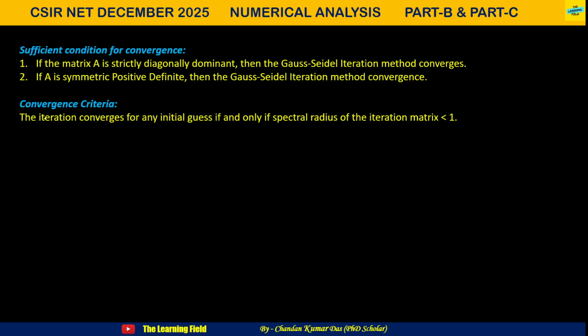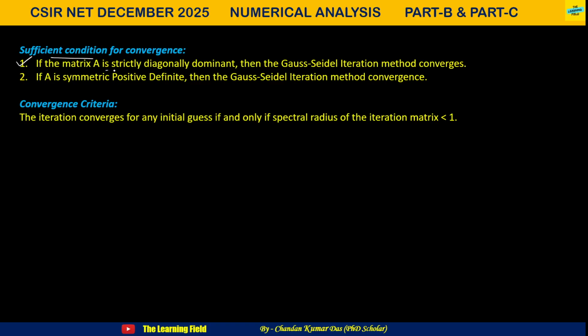So first of all, to solve this question we need the diagonally dominant matrix concept. Because the convergence of the Gauss-Seidel iteration method or the Jacobi method depends on that. So here I first say what the sufficient condition for convergence is.